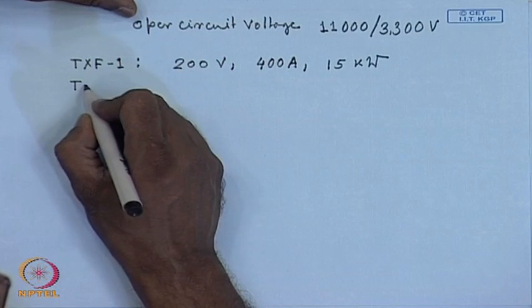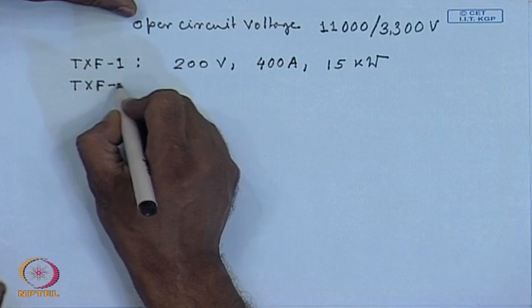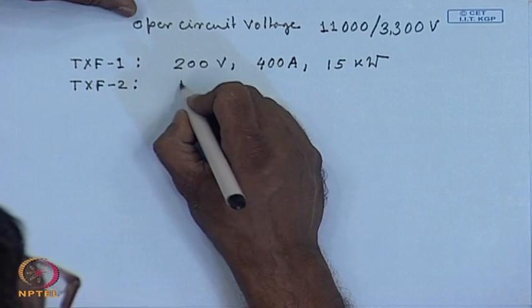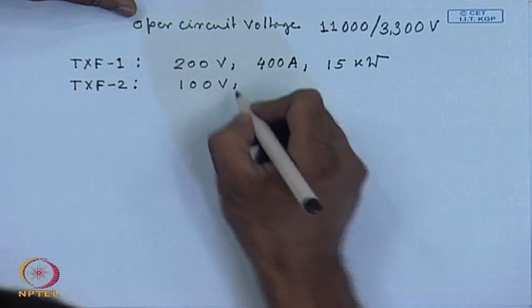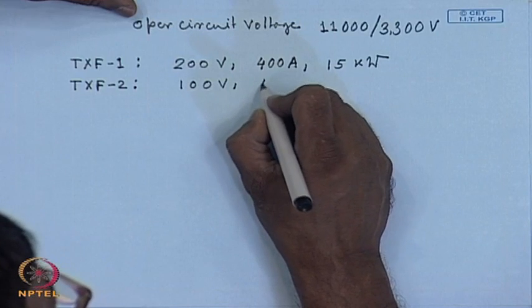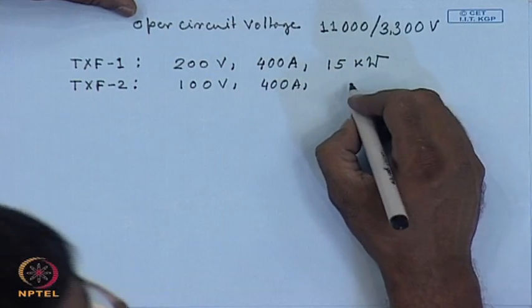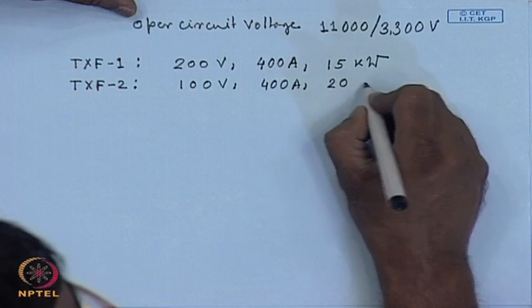For transformer 2, again with the HV winding shorted, the test data is applied voltage 100 volt, circulating current 400 ampere, and power consumed is 20 kilowatt.